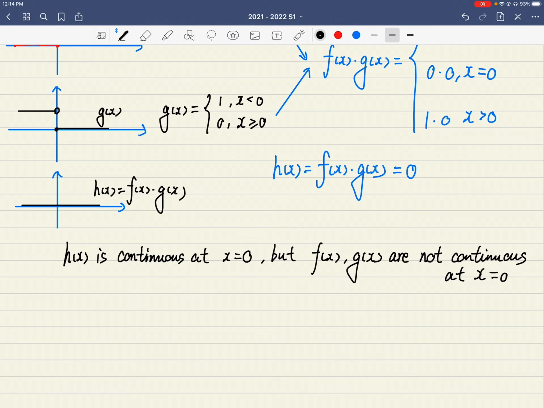So this is a counterexample of the statement in problem 6. The statement in problem 6 is false.